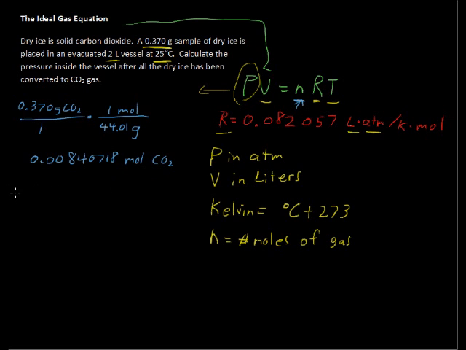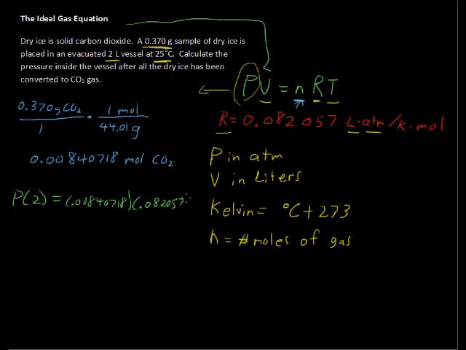So start plugging in here. We've got P equals volume. We're in liters, so we'll just keep that. Pressure times the volume, P times 2, equals n, and that is 0.008407118 moles, multiplied by R, and that's 0.082057.